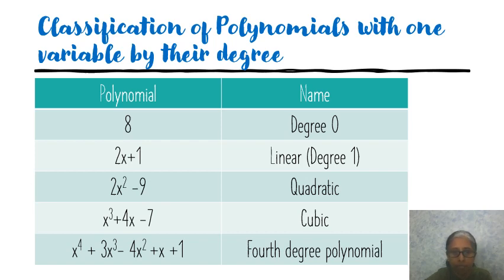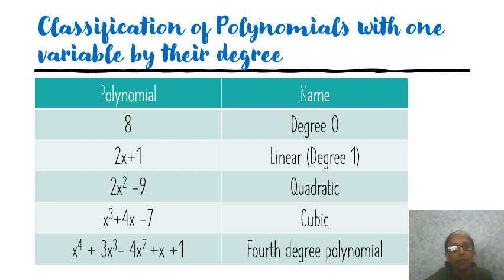Is it clear? The next one is 2x squared minus 9. What is the degree of that? x is having the exponent 2, therefore the degree of the polynomial is 2. You call it quadratic polynomial. And the degree is 2, you call it quadratic polynomial. The next one is x to the power 3 plus 4x minus 7.